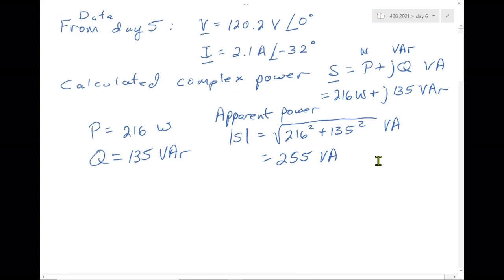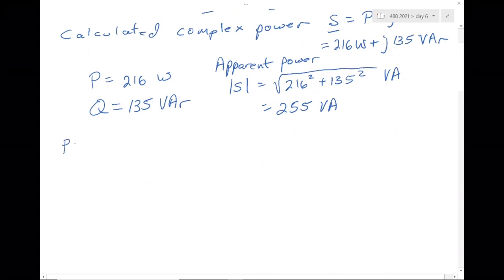A better value to give is a ratio, and the ratio is what we call power factor, and it's abbreviated PF for reasons that should be obvious.